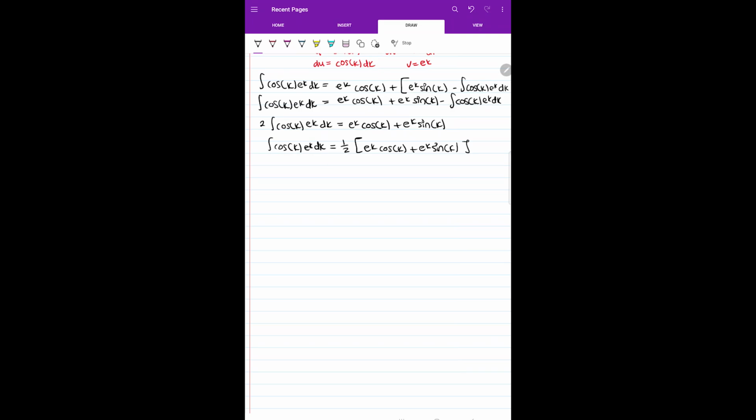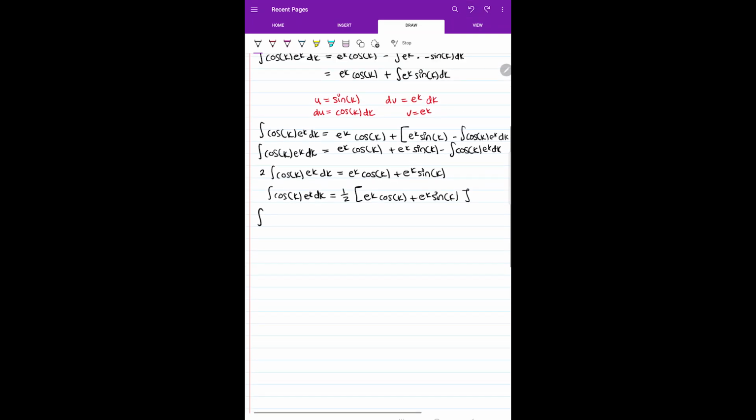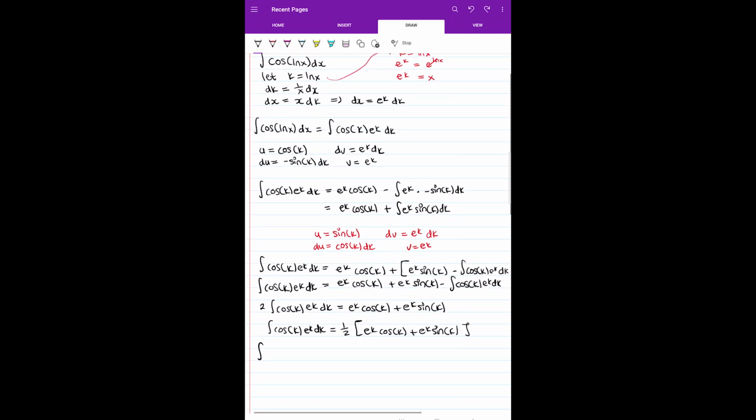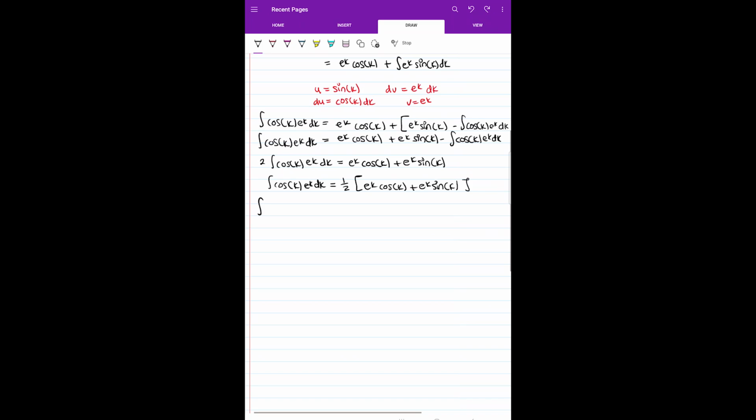Now the last thing to do, of course, is to sub back in for k. If we do that to the left hand side, we are going to get our original integral. So it's the integral of cosine ln x dx.